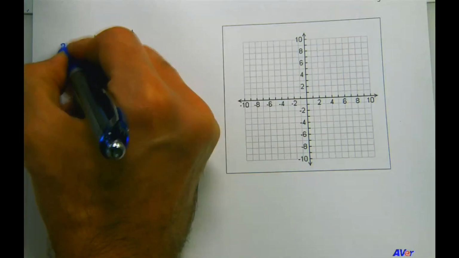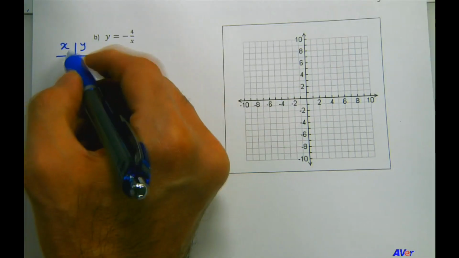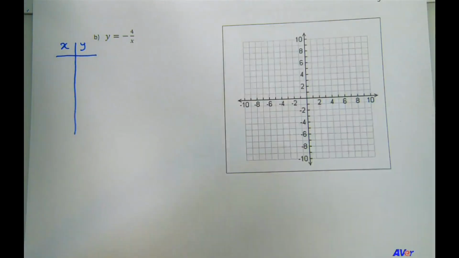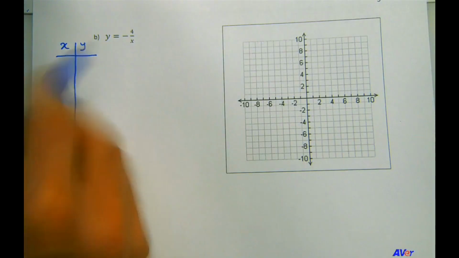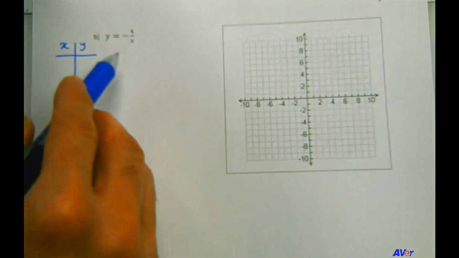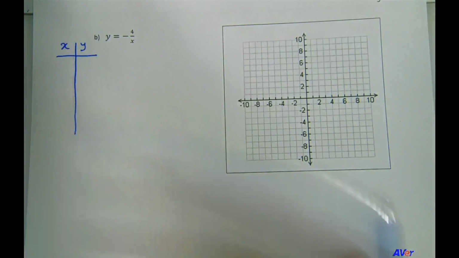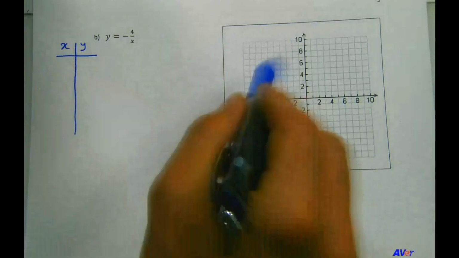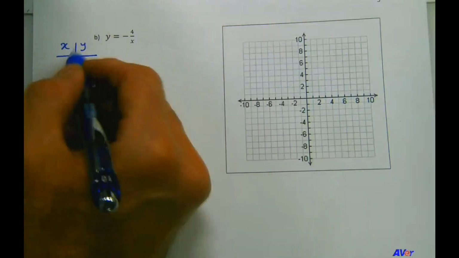I have an idea what this looks like. It's going to have two pieces actually, not one, because it's very similar to the graph of the function 1 over x. So this is minus 4 over x. So it's going to be flip-flopped, maybe in the second and the fourth quadrant. Let's see.